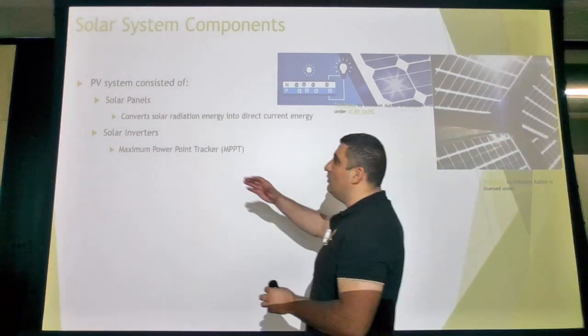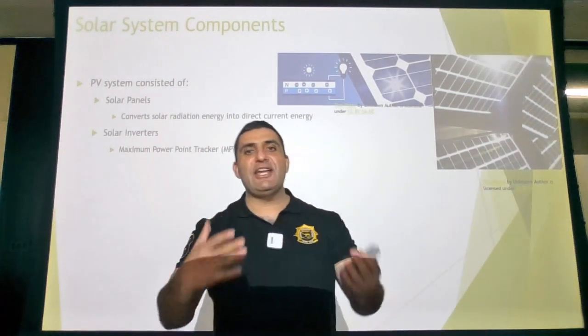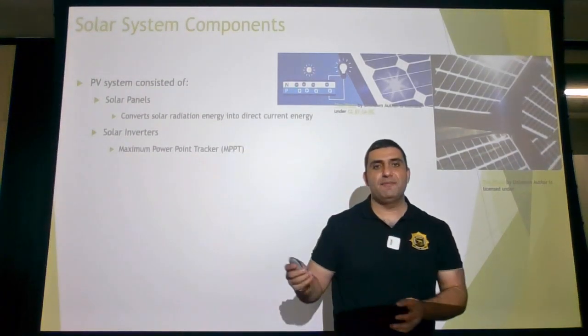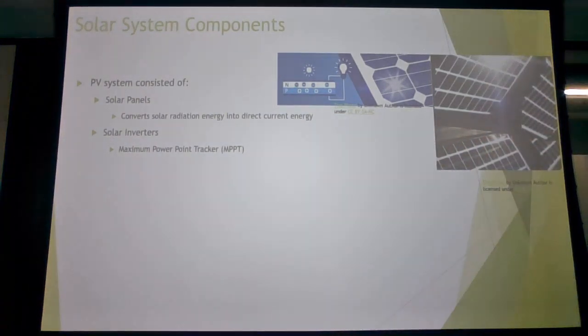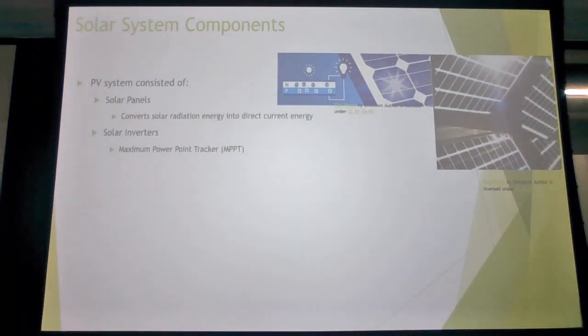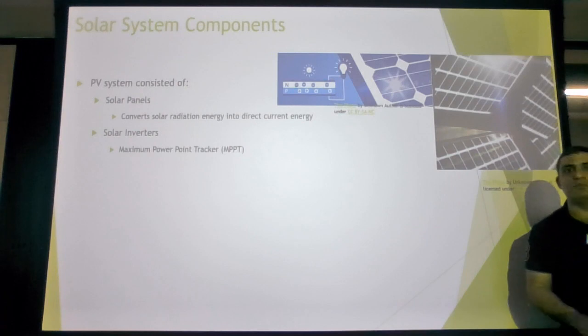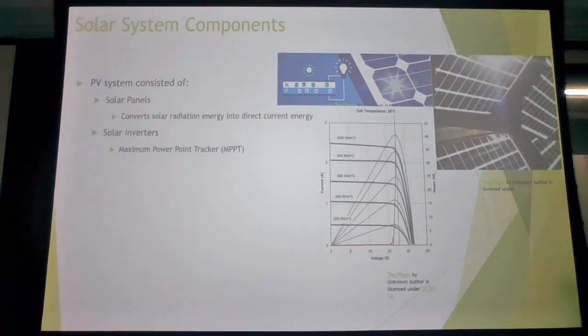Then you will have the solar inverter. My recommendation is that it should have a maximum power point tracker, MPPT. What's the MPPT's role? The MPPT's role is to track the maximum power output of the system.